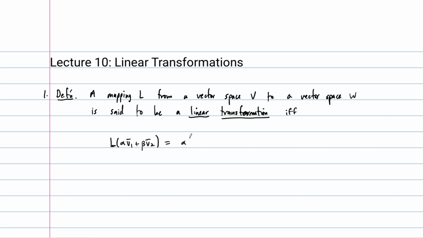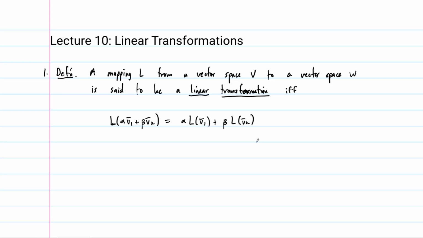So if this is equal to alpha times L of V1 plus beta times L of V2.